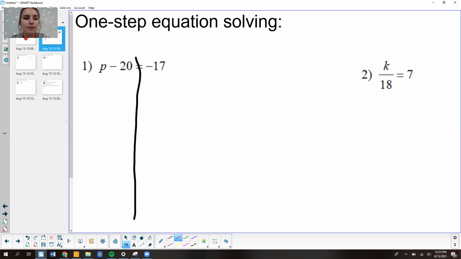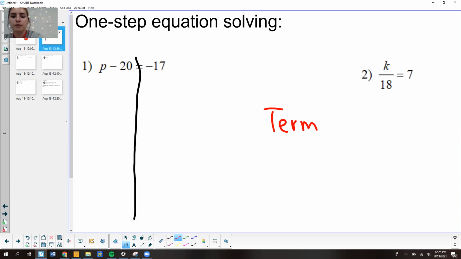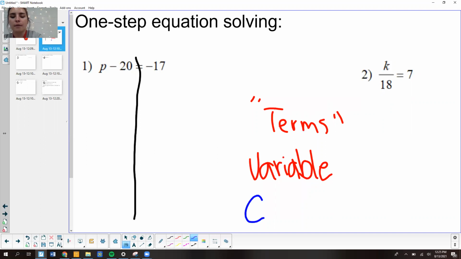So before I get into the nuts and bolts of solving this thing, we've got 2 different types of terms. So when I say terms, I'll write this here. I'm talking about our variable terms in a different color, all right, and our constant terms, okay?